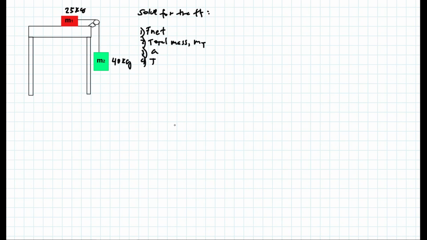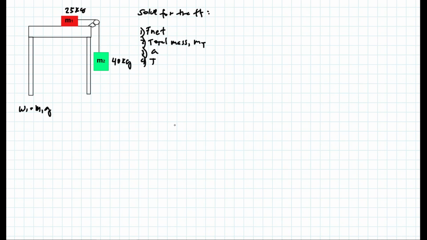Okay, so just like in the previous problem, we need to determine first the weight of the masses. So the weight for mass 1 and then the weight for mass 2. Let us have here our weight 1, M1 and G. Take note that in computing the respective weights, we also have to use the respective masses. For weight 1, we will use mass 1.